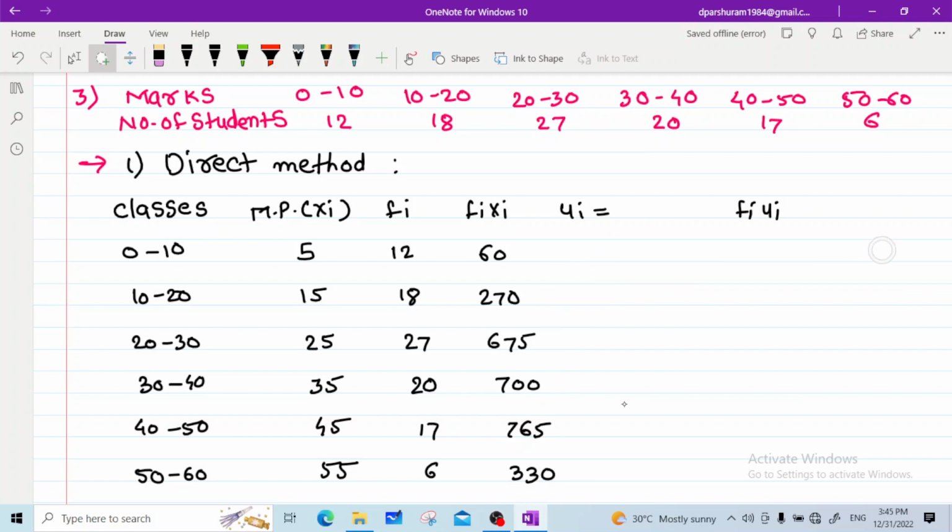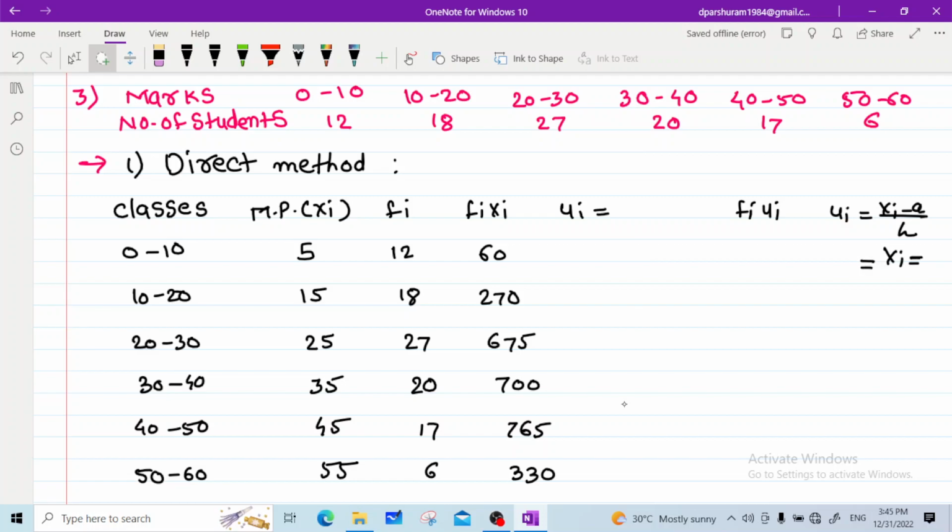Then how do we calculate ui? ui is equal to xi minus a divided by h. Now how do we calculate the value of a?